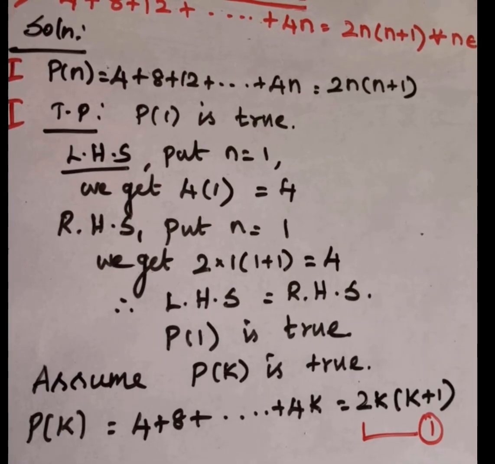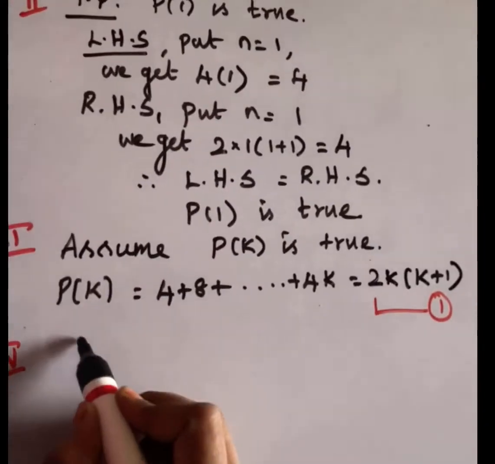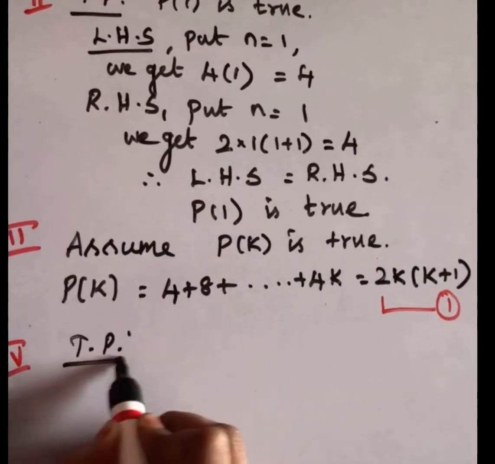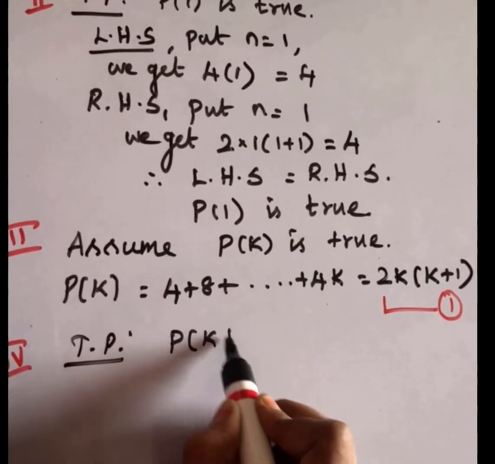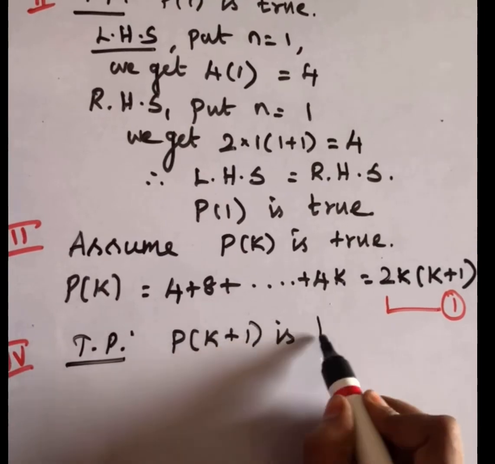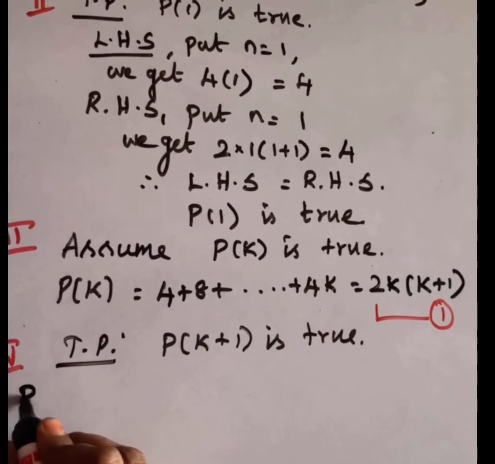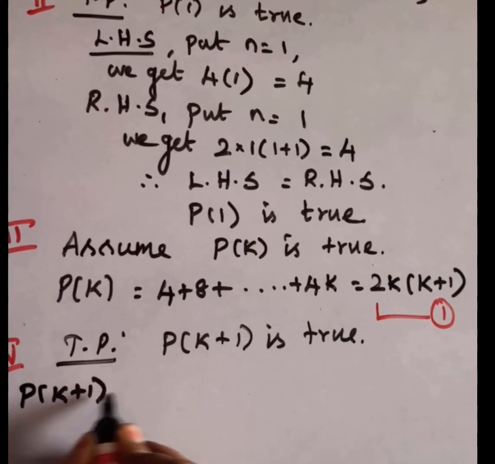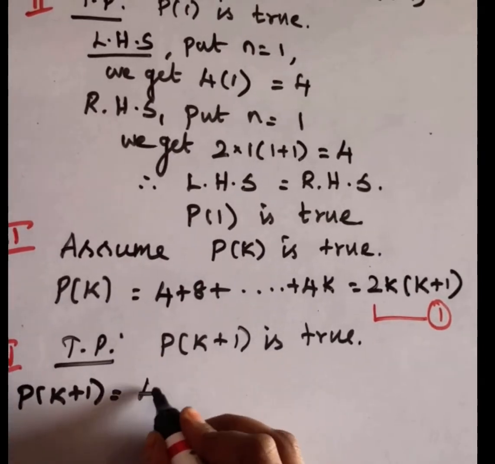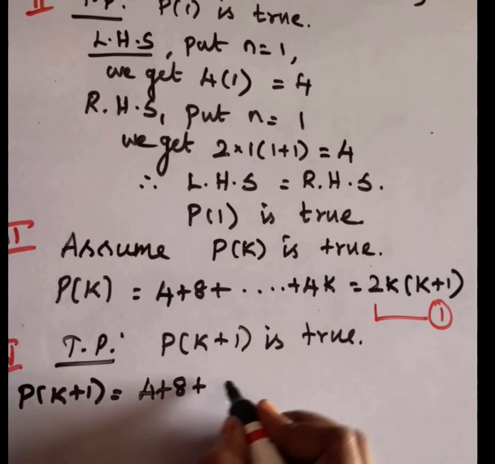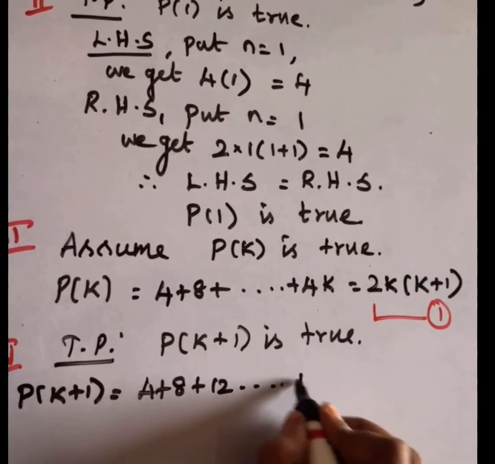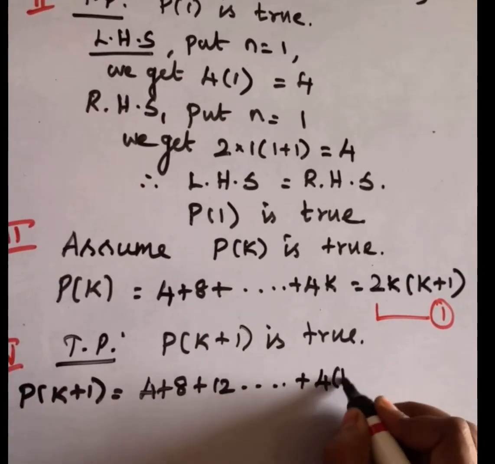Now the next step, the fourth step. Here what we have to do? We have to prove P of k plus 1 is true. What is our P of k plus 1? It is equal to 4 plus 8 plus 12 etcetera up to 4 into k plus 1.